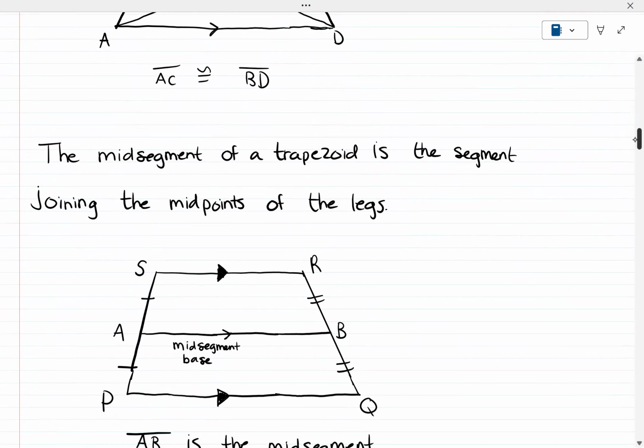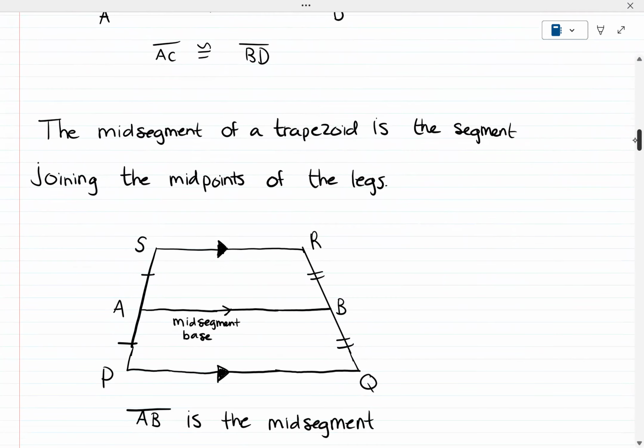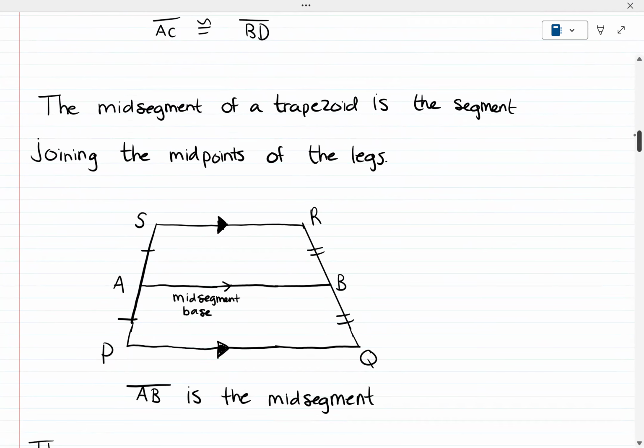Now let's talk about the mid-segment of a trapezoid. Basically, it's the segment joining the midpoints of the legs. So here's the mid-segment, and you can see it's the segment joining the midpoints of the two legs. Line segment AB is the mid-segment.